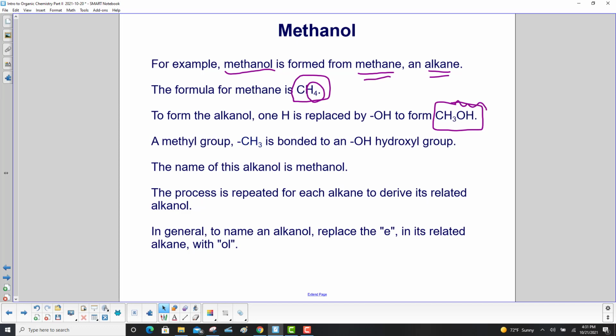So we have CH3OH. A methyl group, CH3, is bonded to an OH hydroxyl group. The name of this alcohol is methanol. The process is repeated for each alkane to derive its related alkanol. In general, to name an alkanol, replace the E in its related alkane with OL, and we'll have some examples coming right up.